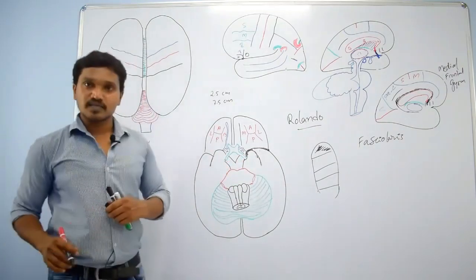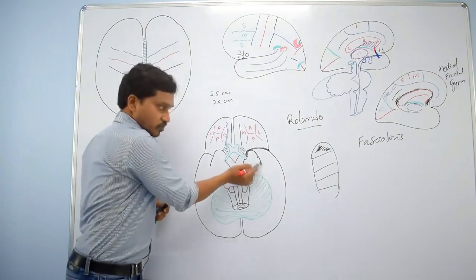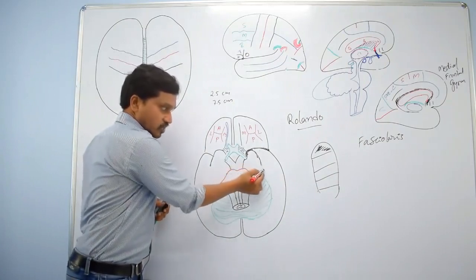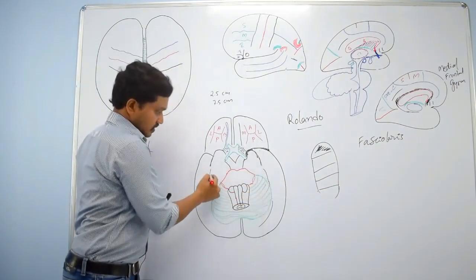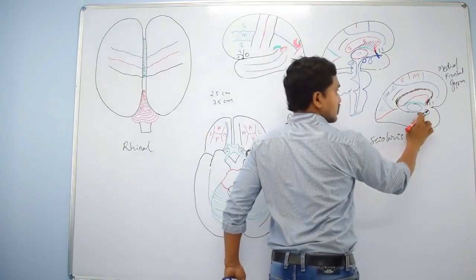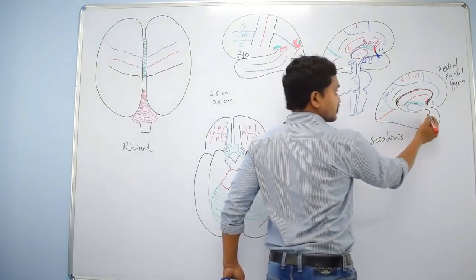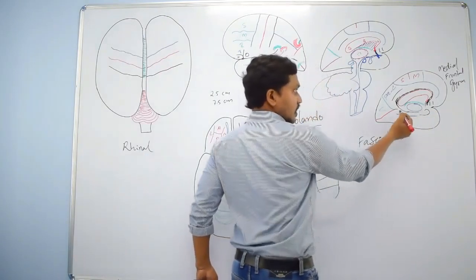This rhinal sulcus extends only up to here. Then its posterior continuation we call the collateral sulcus. So I will draw here. This is the uncus, here is the rhinal sulcus and this is the collateral sulcus.